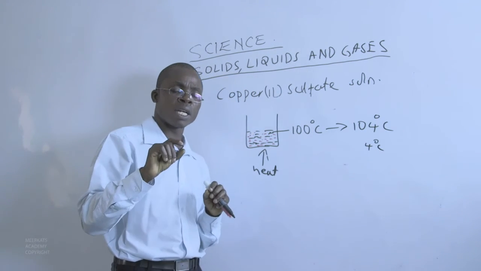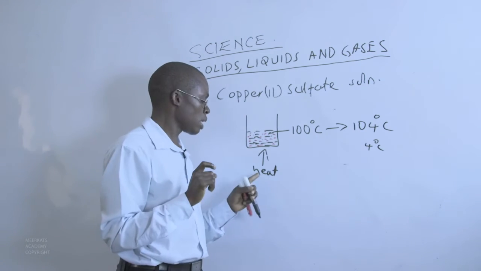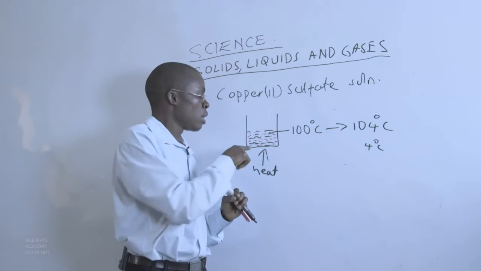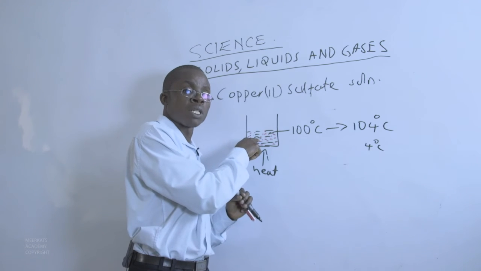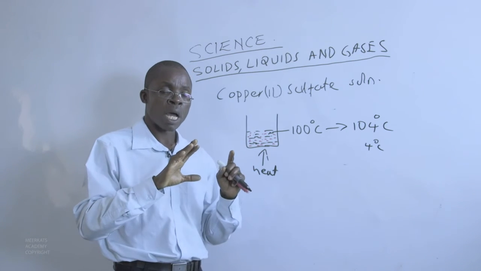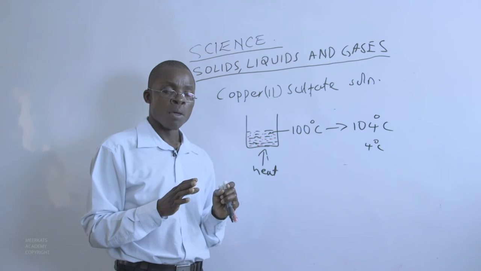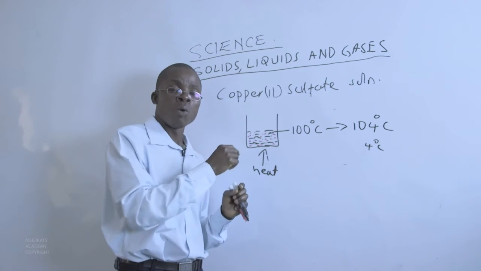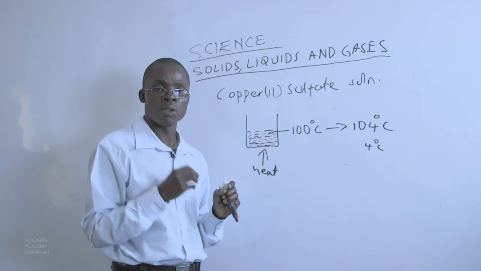Now, why these 4 degrees centigrade? It is because of the extra heat energy that was put in so that it can cater for the copper sulfate crystals. The water, it is just 100. But there is something in it, which is copper sulfate, which must also be worked on.